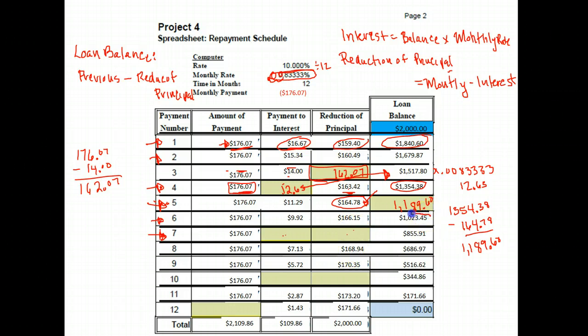So again, to find the payment to interest, we take our previous balance, which in this case was, I'm going to do it over here where I have room, $1,023.45. We multiply that by our monthly interest rate, which was 0.0083333.